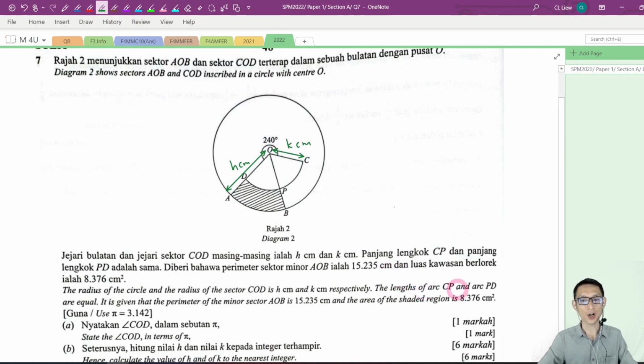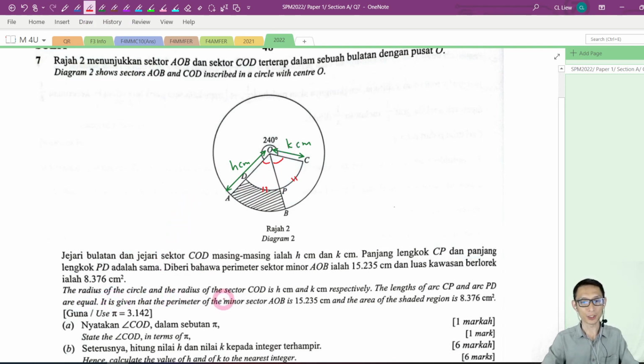Okay, the length of arc CP and arc PD are equal. So this means that these two angles have the same measurement.